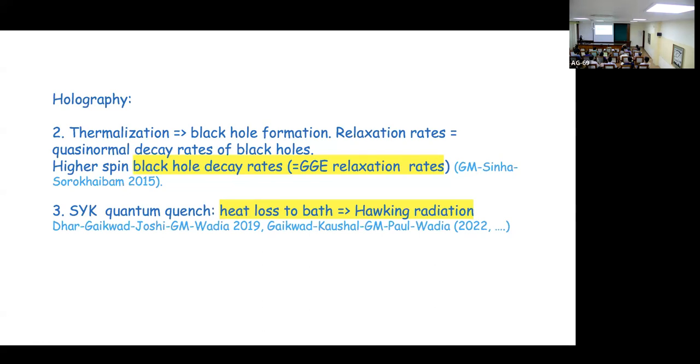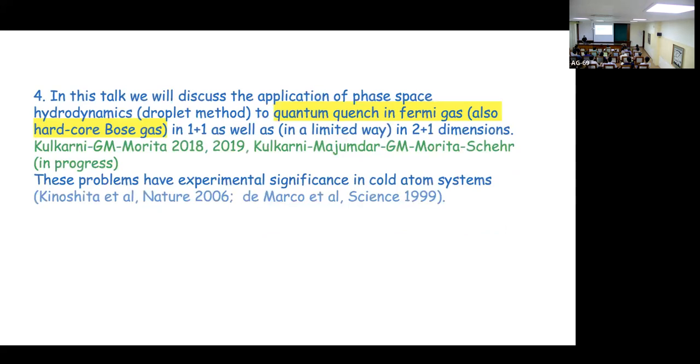So you can derive results about relaxation rates of approach to these generalized Gibbs ensembles as well using gravity methods. And there is also this recent, very simple example of holography, where you can show that the heat loss to a bath can be related to Hawking radiation. So that's the general context.